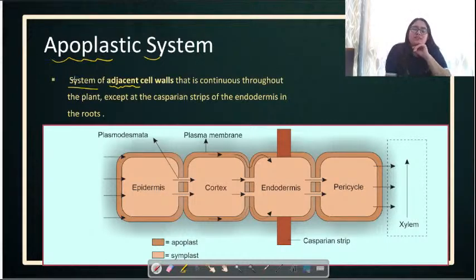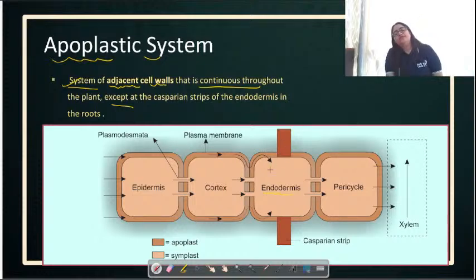So the apoplast system is a system of adjacent cell walls and it is actually continuous, but there's an exception which I have already explained. The exception will come when the water reaches the cells of the endodermis, because they have Casparian strips made up of suberin, which is impervious to water.